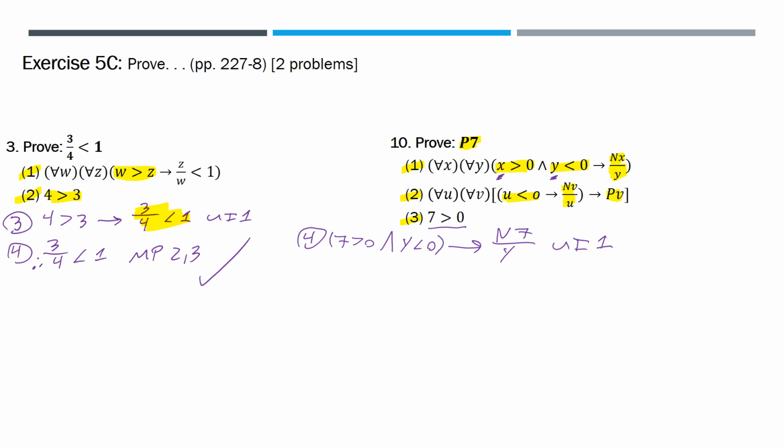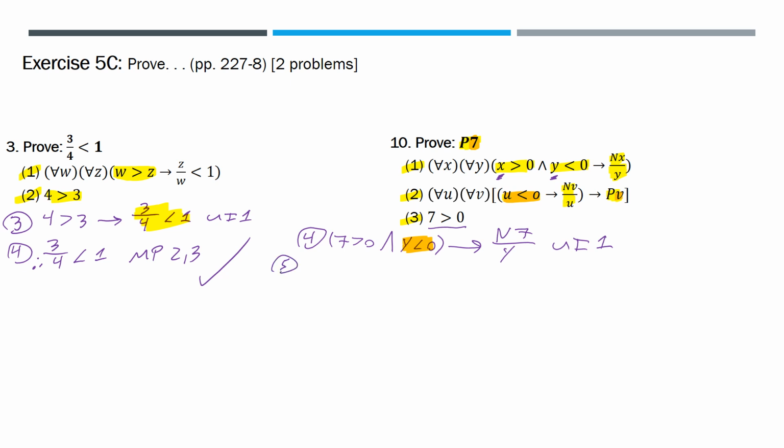What about instantiating line 2? What should we substitute for u? Well, here we have this u is less than 0, and this is very similar to y is less than 0. So why not substitute y in for u? Then the question is, what do we want to substitute for v? So v shows up here with P, so definitely we're going to have to substitute the number 7.